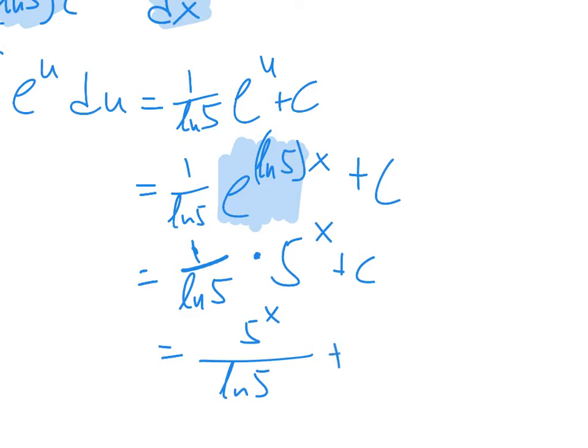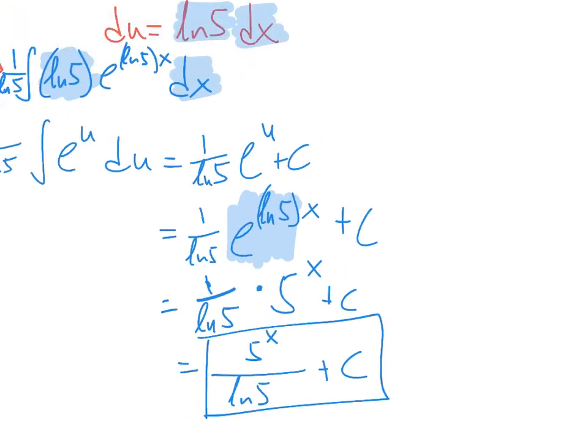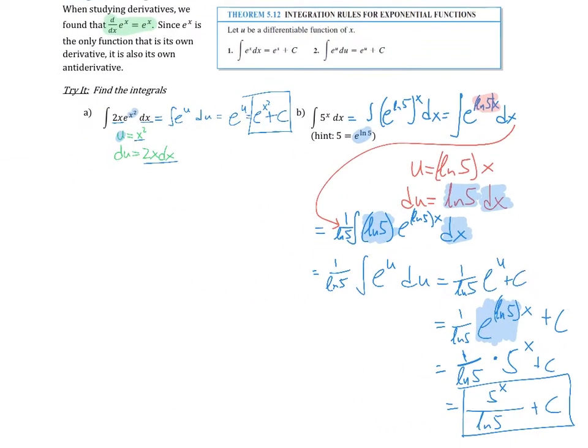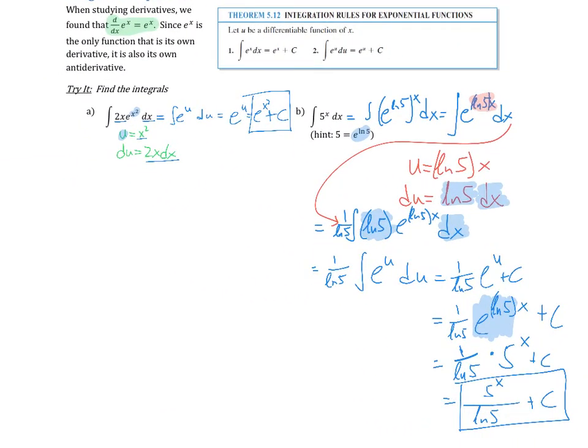So 1 over ln 5 is a conversion factor like we've seen. What just happened? We started with 5 to the x in our integral, and we said, well, if the integral of e to the x is e to the x, it would sure be nice if the integral of 5 to the x is 5 to the x. Well, it's close. The integral of 5 to the x is 5 to the x, but we have to divide by this conversion factor.